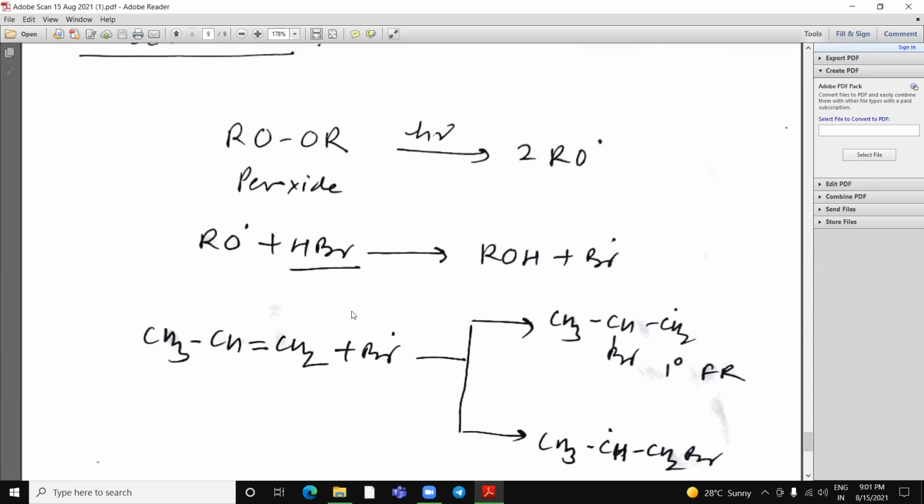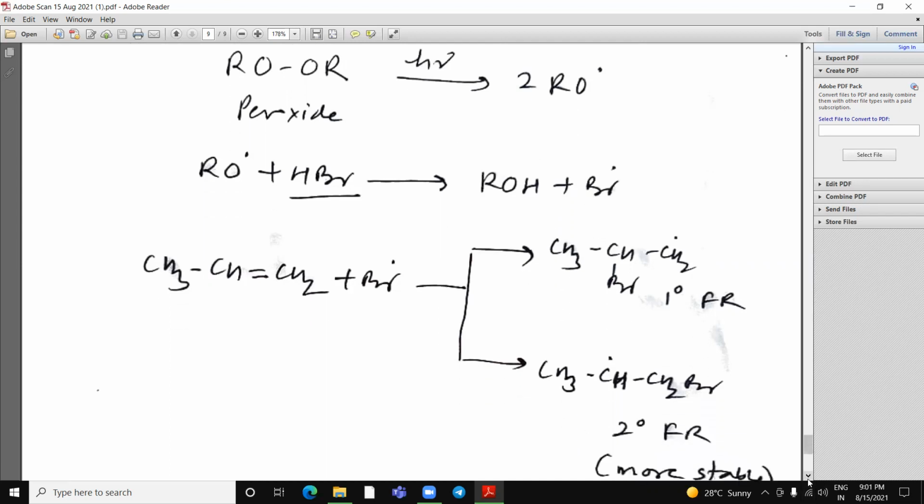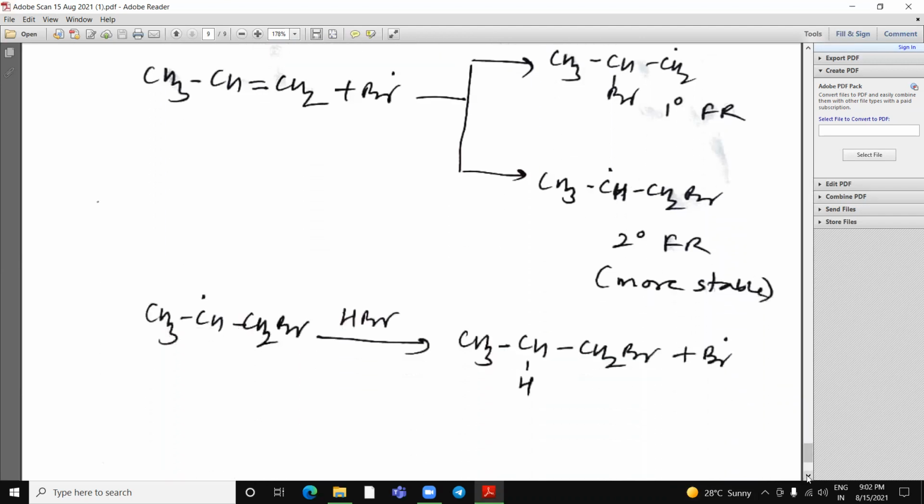So alkoxy free radical will cleave HBr, and we will get bromine free radical, and this bromine free radical may attack the primary or the secondary carbon. If it is attacking the secondary carbon, then we will get the primary free radical. If it is attacking the primary carbon, then we will get the secondary free radical. And we know that secondary free radical is more stable compared to primary free radical.